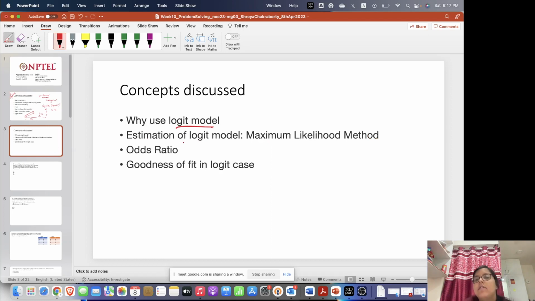And then we learned a little bit about the estimation procedure, the method of estimation, which is the maximum likelihood method.